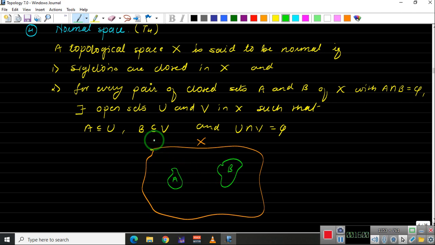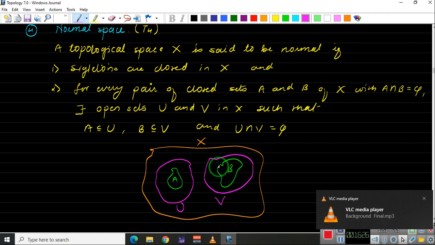Now it says there are two disjoint open sets, one will contain A and another will contain B. So this is U and this is V. If such a situation holds, then we say that the topological space X is a normal space, also called a T4 space.